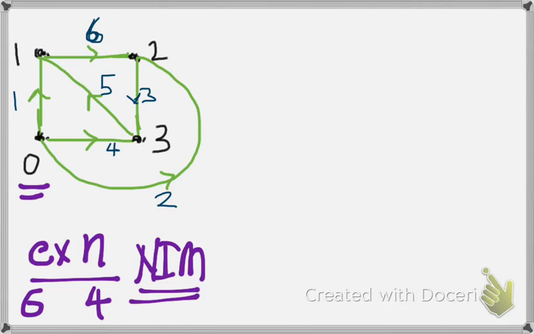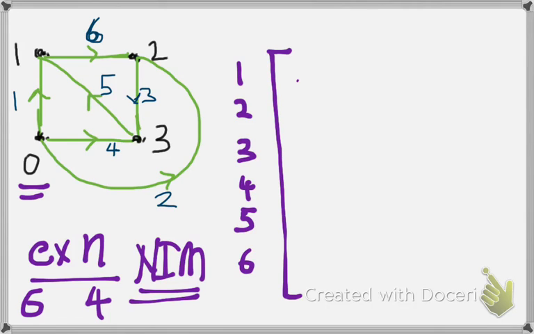So now, all you need to do is write down the different elements 1, 2, 3, 4, 5, 6 on the left side, so I have those many rows, and the nodes as the columns.